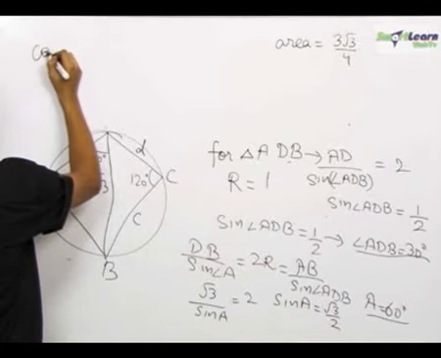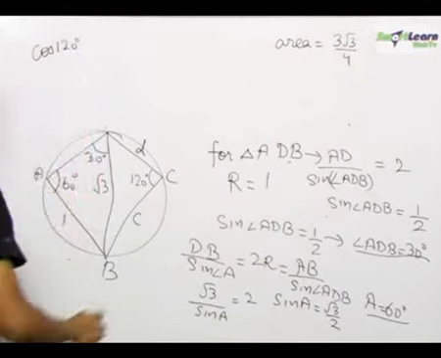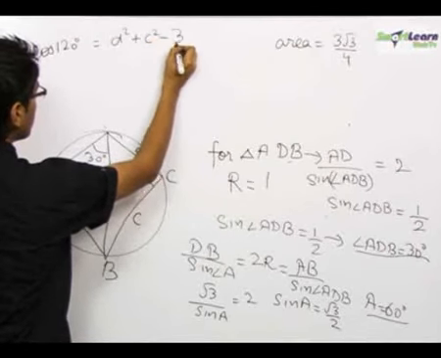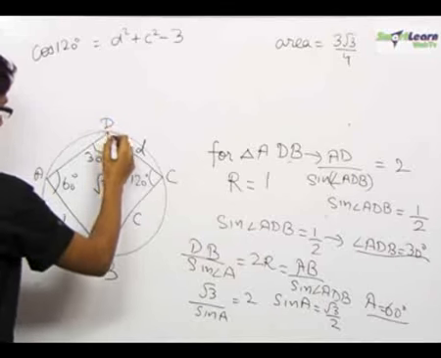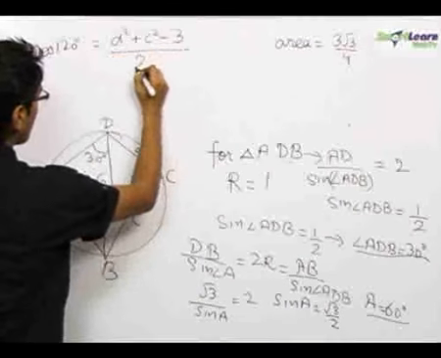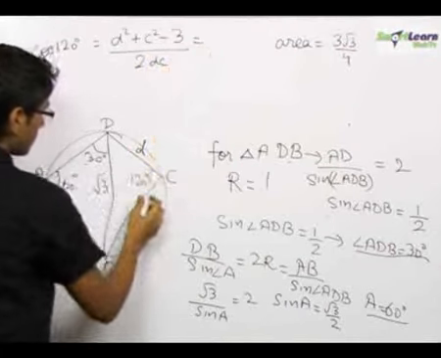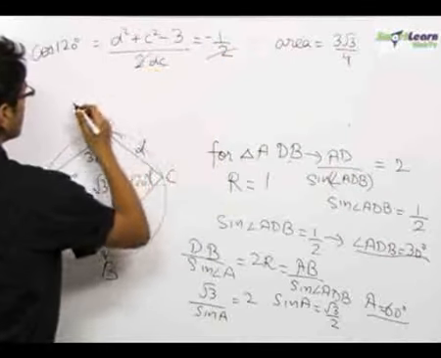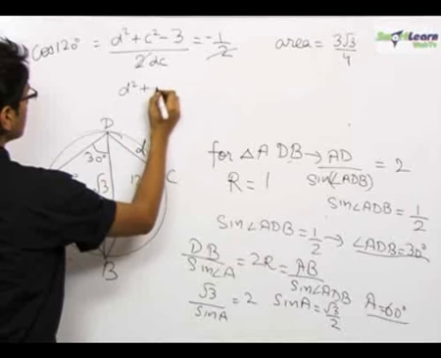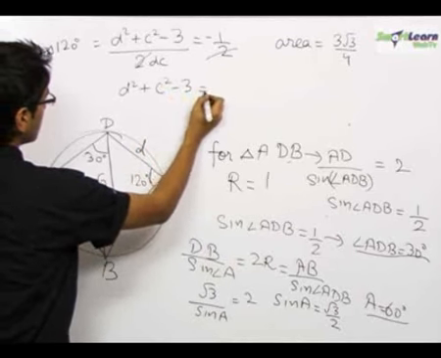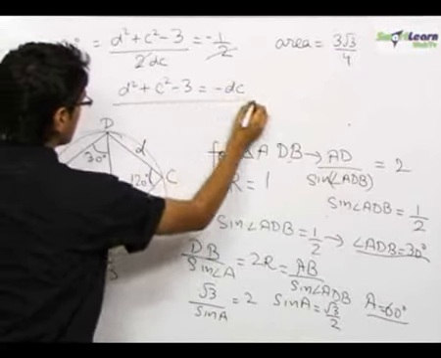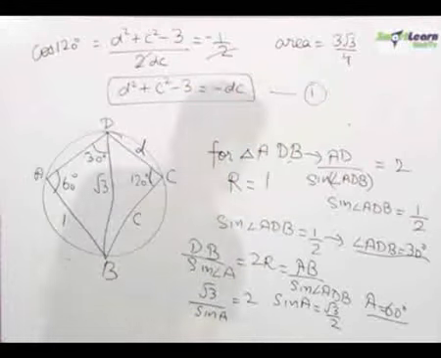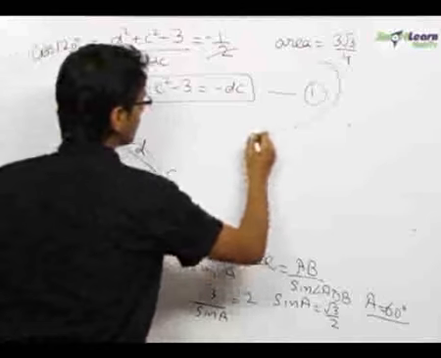So one of the relations which we can use is cos of 120 degrees, which is cos of angle C, equals d square plus c square minus DB square, which is 3, upon 2 dc, equals minus half. This can be used as the first equation, and we can utilize the second relation.